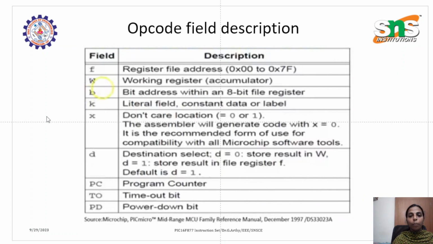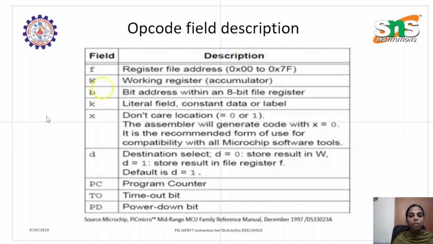So how does this opcode field look? As we see, it is 14 bits wide. These 14 bits include the file register, the working register, and the bit address register. If it is literals, the PIC instructions can also be categorized into bit instructions, byte instructions, and literal instructions.